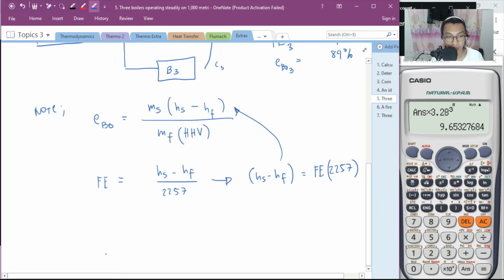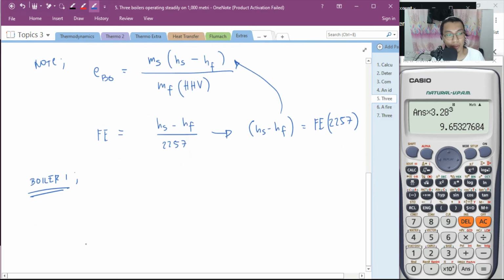So, makuha natin, okay? O, boiler 1 muna. Mahaba 'to, tutok lang kayo. Boiler 1. So, sa isang araw meron kang efficiency ng boiler, ang hinahanap mo is mass of fuel. The mass of the fuel ni 1 is equal to, yan oh, M is HS minus HF divided by efficiency ng boiler 1 multiplied to HHV.